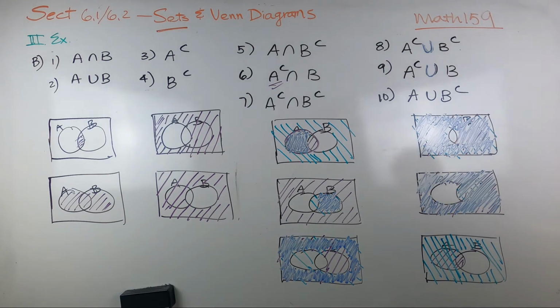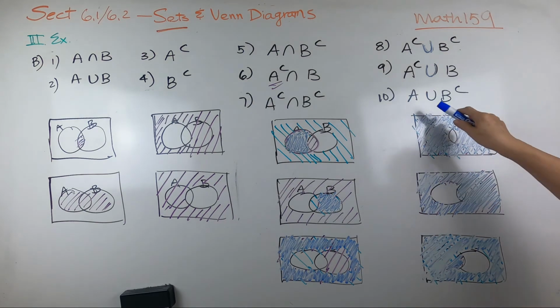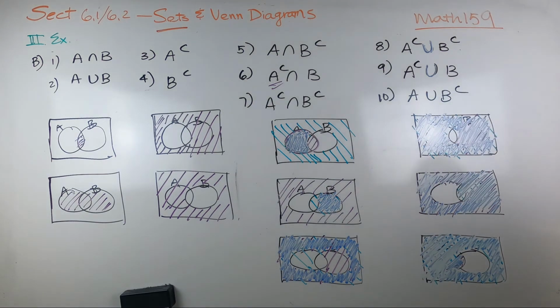Then union means cover all of them, right? You mark the shaded area. So everywhere here is shaded, including both shaded. So that would be like here. Okay, so that would be your A union B complement.